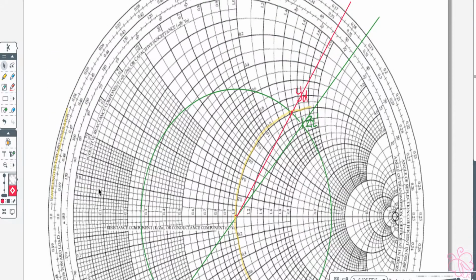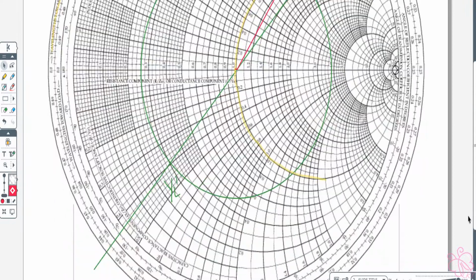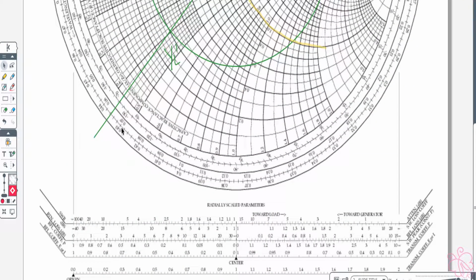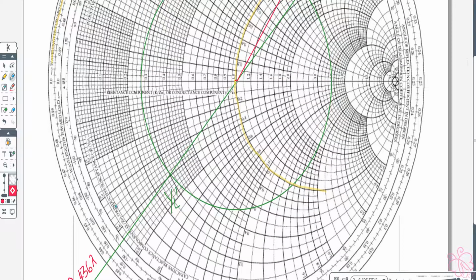So it's around 0.432, 0.436. I'll take it as 0.436 lambda.